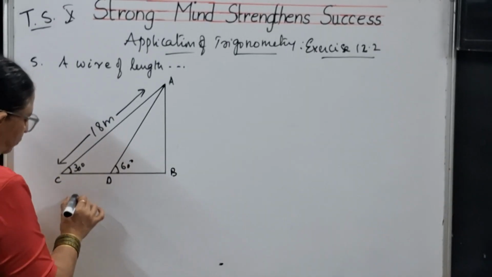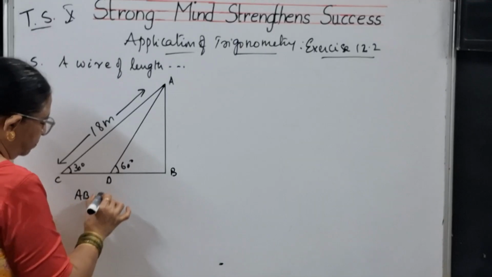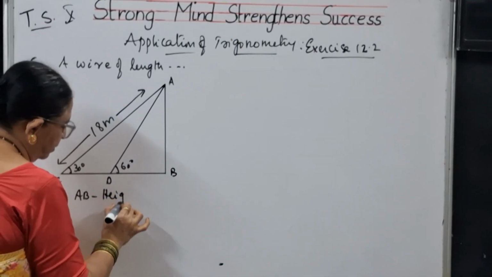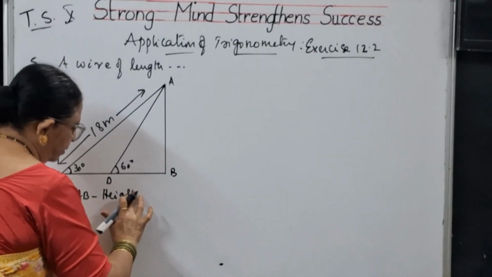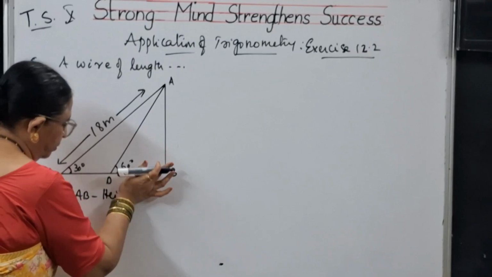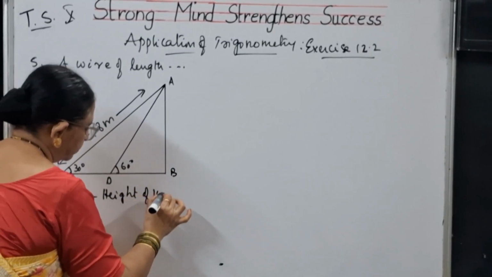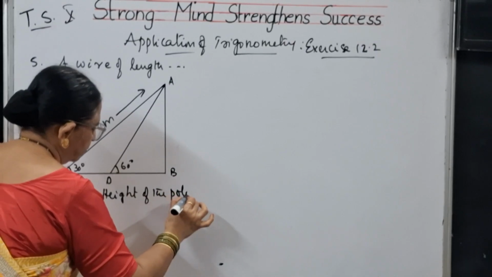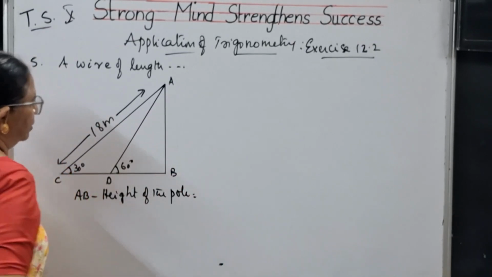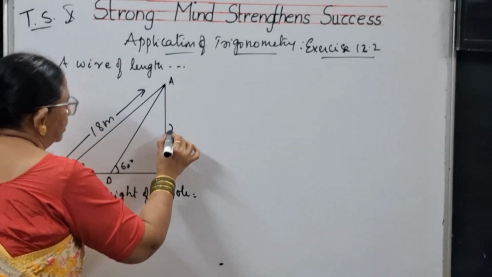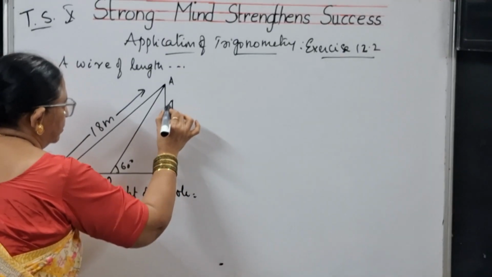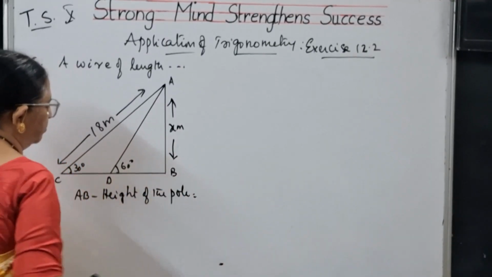That is the question. So what is AB? AB is the height of the pole. So what is this height? Let me call it as x meters. Height of the pole is x meters.